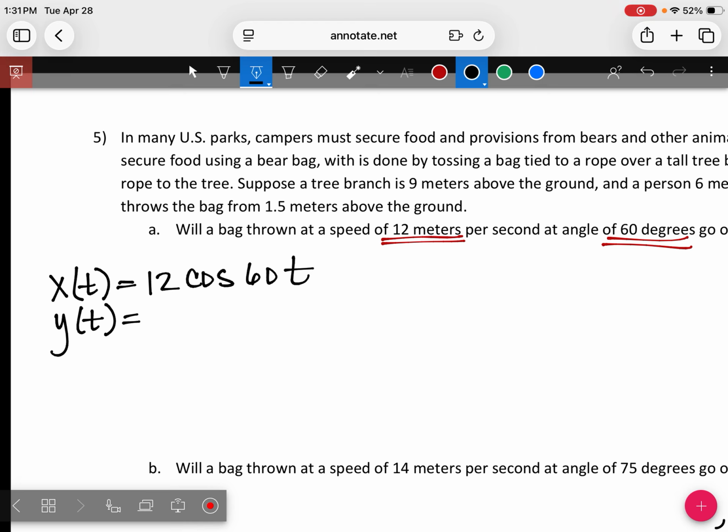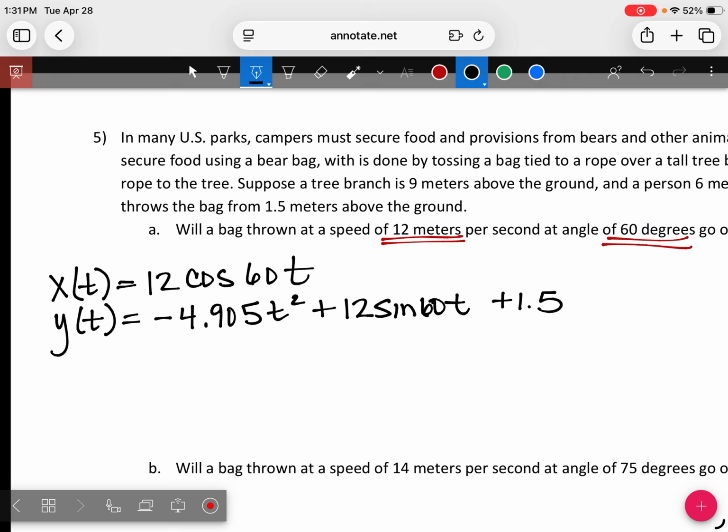Half of 9.81 is negative 4.905 t squared plus 12 sine 60 t. And again, this is the first time that we have to add a 1.5.